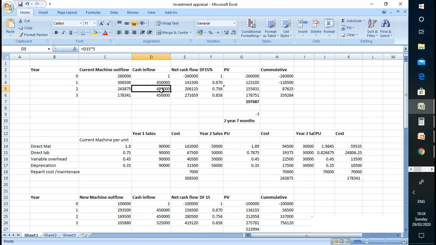This should be multiplied with this, so I multiply everything with 90. So I'll use this. It will change everything. And then same for year 3, which is 30,000.